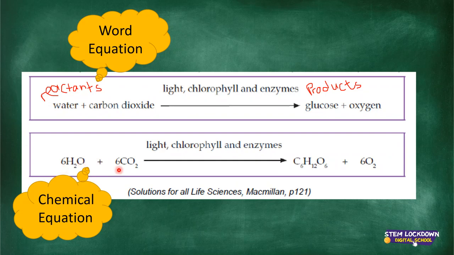And we have 6 molecules of carbon dioxide. Remember, H2O means water, CO2 means carbon dioxide, right? And this is the molecular formula for glucose, which is C6H12O6, okay? And that's oxygen, which is O2.